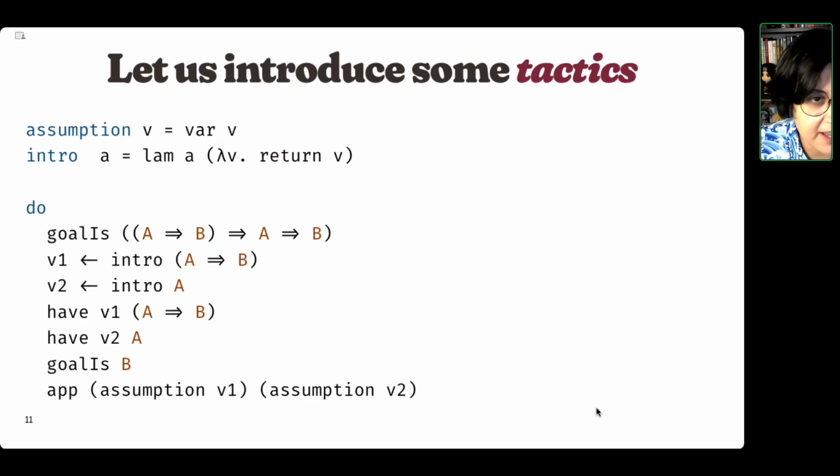And also, with these macros, we can start introducing tactics that are well known in a programming language like Rocq. So here we can have intro, where we introduce variables v1 and v2, and to prove the application, we have the assumption.